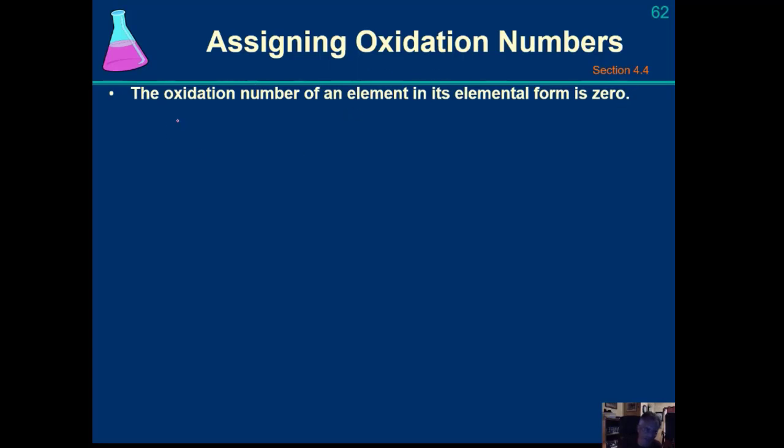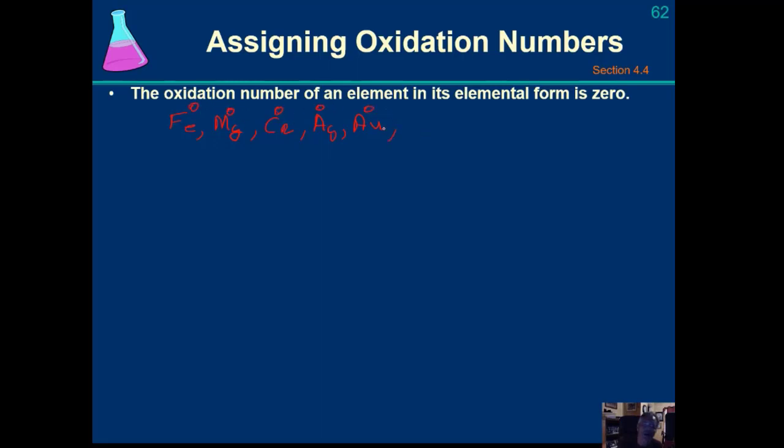So if you have iron or magnesium or chromium or silver or gold or any other element that's monoatomic and it's by itself, these all have oxidation states that are 0.